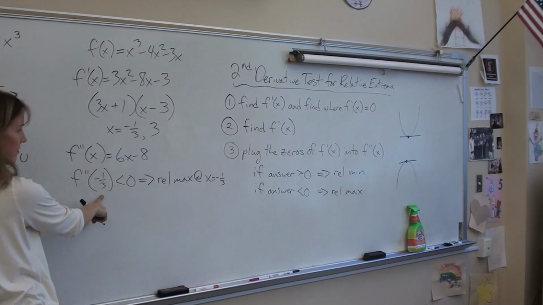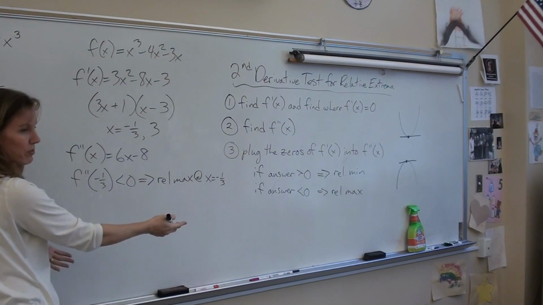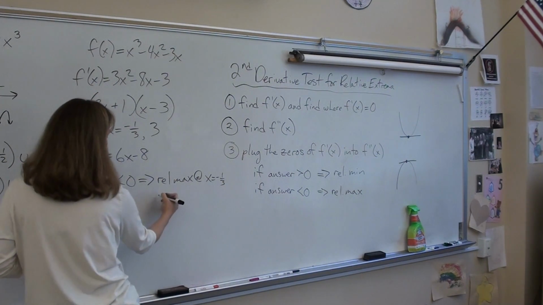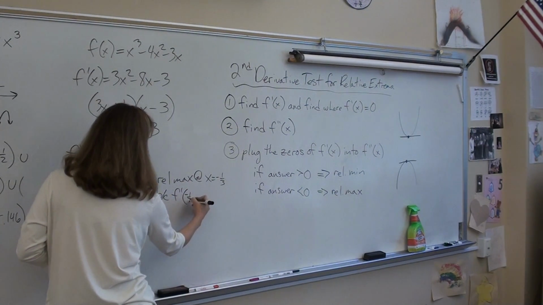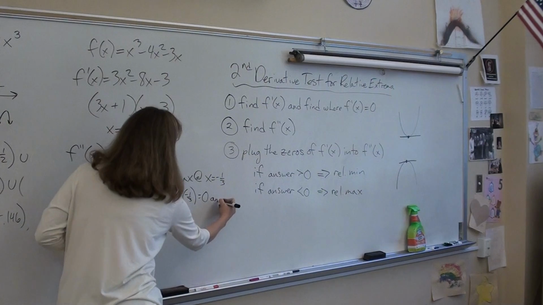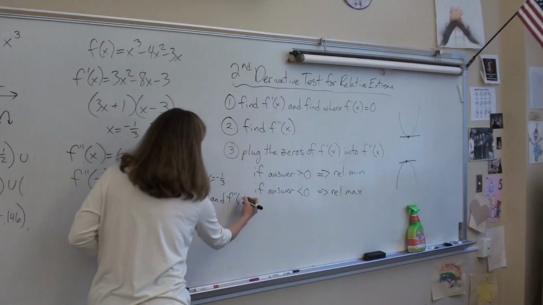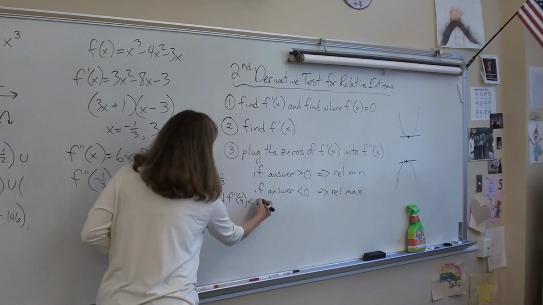Do you have to write both coordinates or just the x value? Well, you should write the whole ordered pair. And by the way, if it's a because statement, you would say because f prime of negative a third equals 0, and f double prime of negative a third is less than 0.